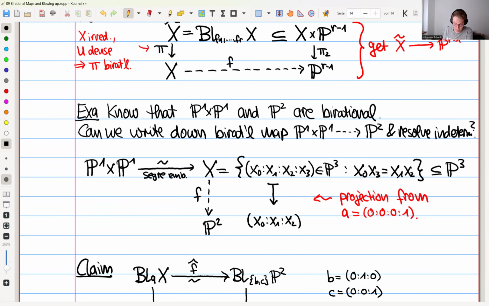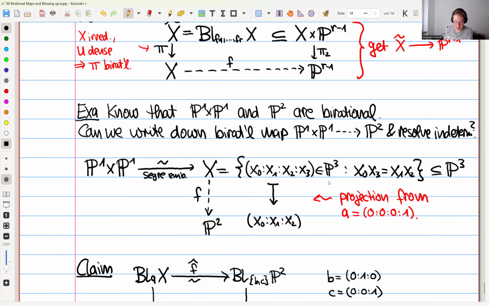If you want to write down this birational map, we can combine two constructions which we have seen before. The first is that for these products of projective spaces, if you recall, we had the Segre embedding, which recorded all the pairwise products of the coordinates here and here. Since this has two coordinates and this has two coordinates, we have four pairwise products.